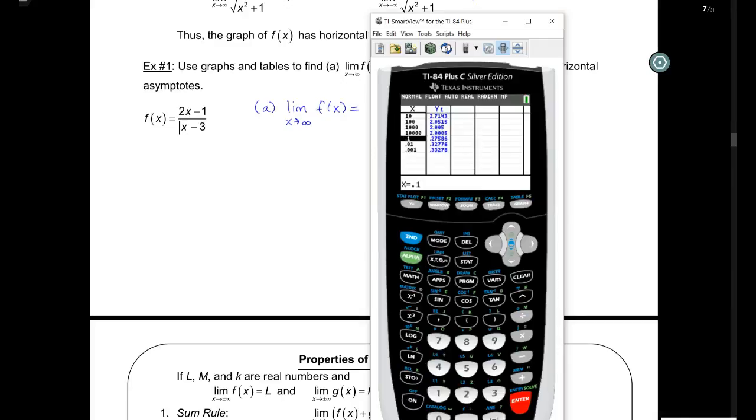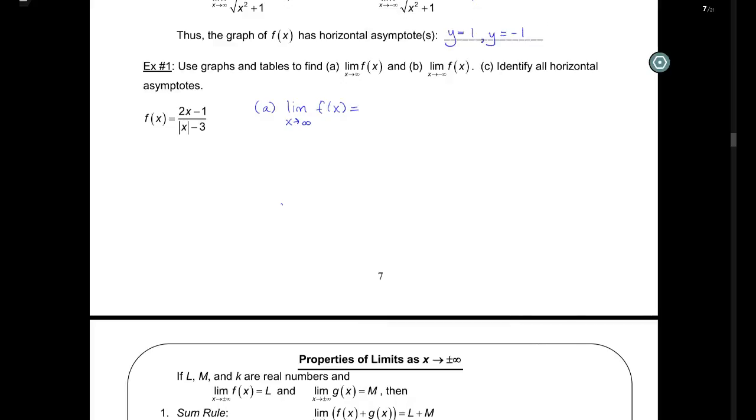You know, ignore these other ones, but you see with the table, if you have it in that setting where you can just ask, you can put in 10,000, 100,000, 1 million, and you can see. Now, be careful because, remember, it might come out as 2 eventually if you put in a really, really big number, but then you know that's your limit, right? So we get 2.